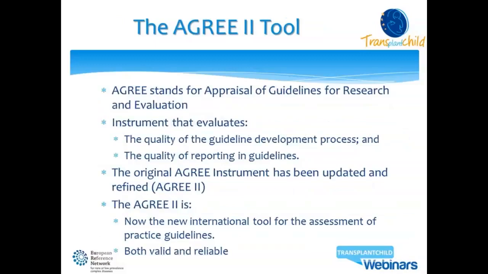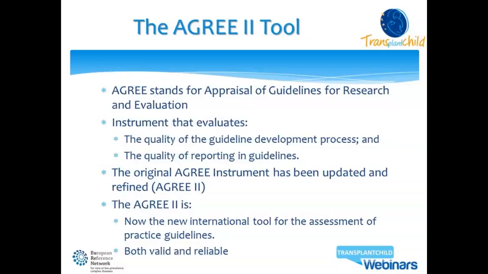First of all, AGREE stands for Appraisal of Guidelines for Research and Evaluation. This is an instrument, as I mentioned before, that evaluates the quality of the guideline development process and also the quality of reporting, which is very important. Not only the way the guideline is done, but also the way it reports the results.